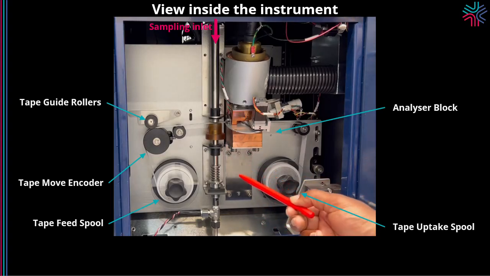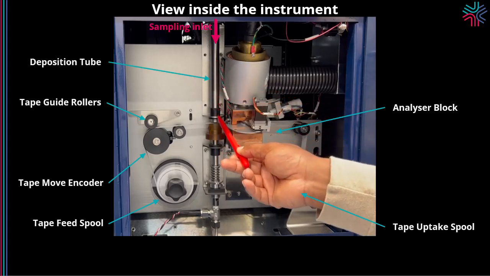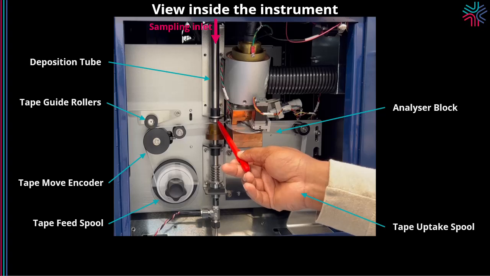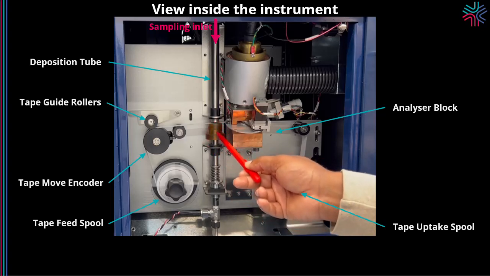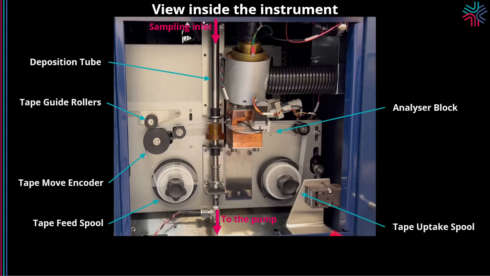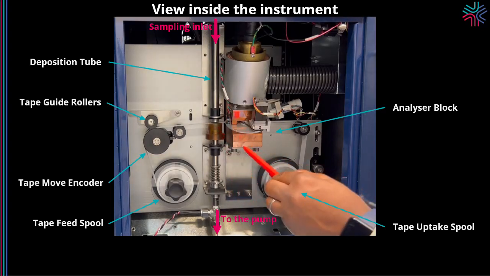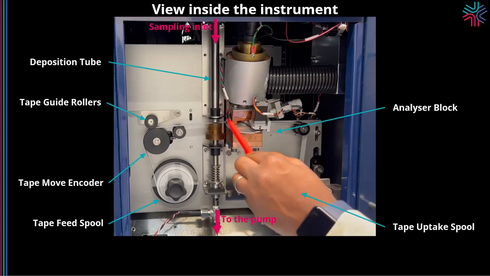When that's done, the inlet of the particles will come through this tube and impact on this part of the tape. The air will be pulled out through a pump here. After sampling, the tape is moved electronically depending on the sampling time, after 15 minutes or after 4 hours.